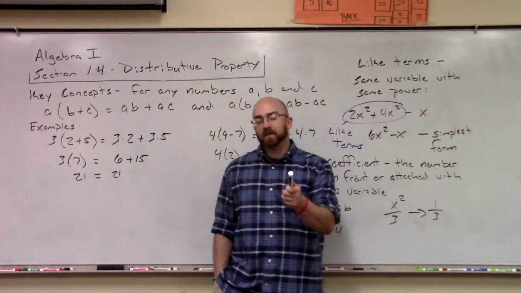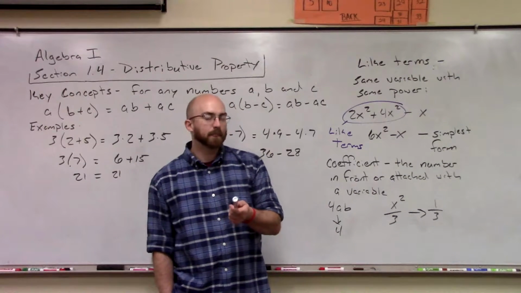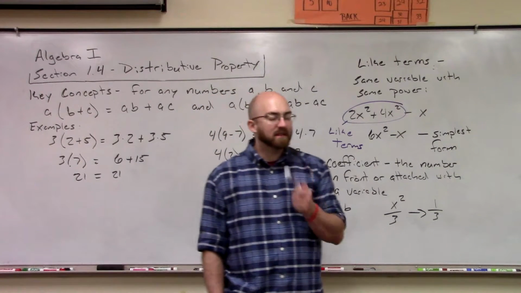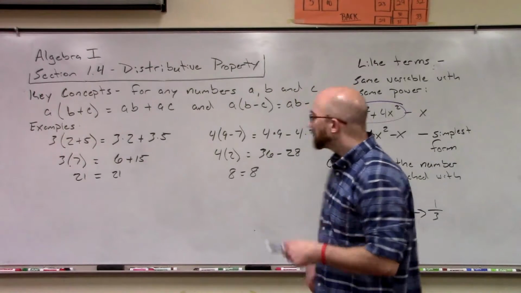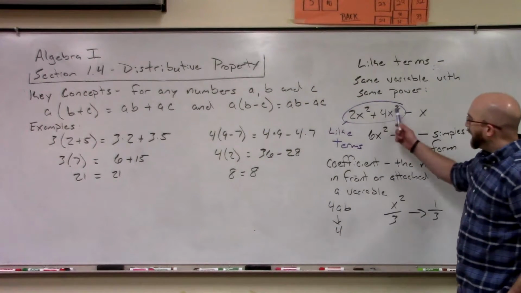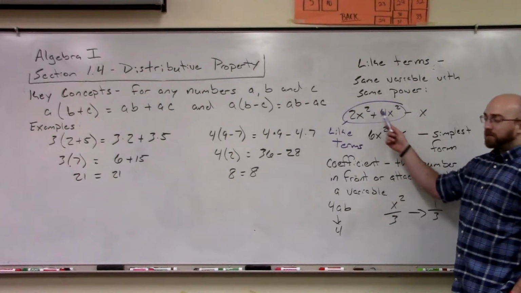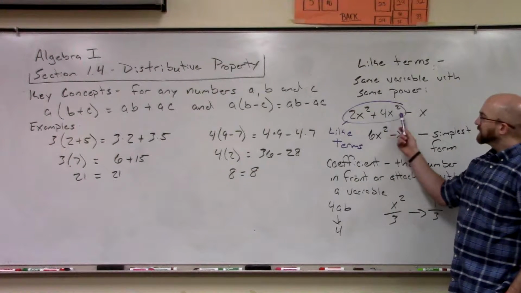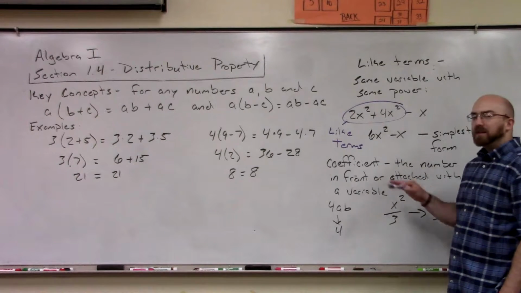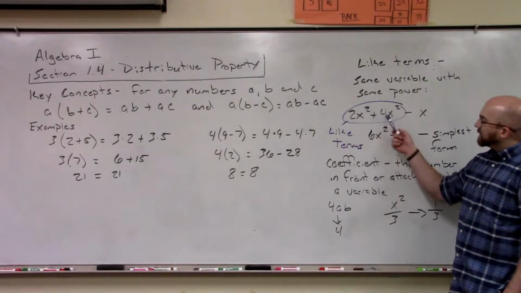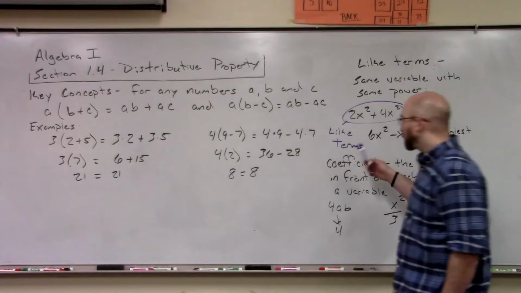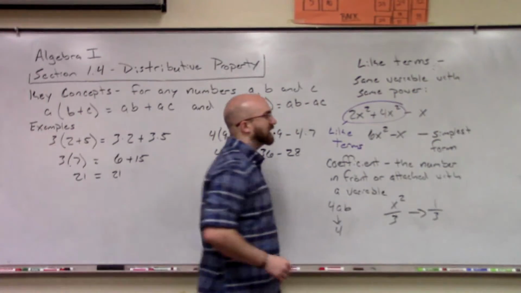So those are not like terms. What you can do with like terms is you combine them. And mostly we will try to get things to its simplest form. Its simplest form includes, if I add these two together, that'd be 6x squared, because I just add the 2 and 4. Okay, I don't add the x squareds together and get x to the 4th. That's a no-no. We just add the 2 and 4, that gets us 6x squared minus x. See, the x is still by itself.